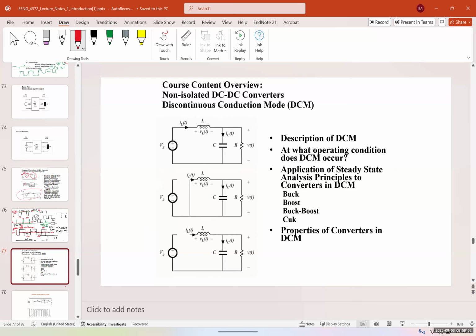We would go through the descriptions of DCM, at what operation condition does DCM occur, application of steady state analysis principles to converters in DCM, the buck boost, and what we call the Cuk converters. And we have properties of converters in DCM. And these are some examples of DC to DC converters.